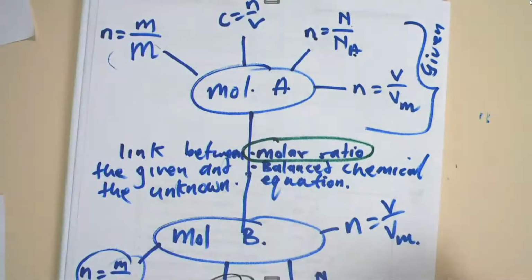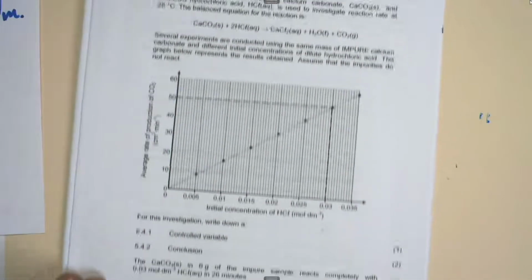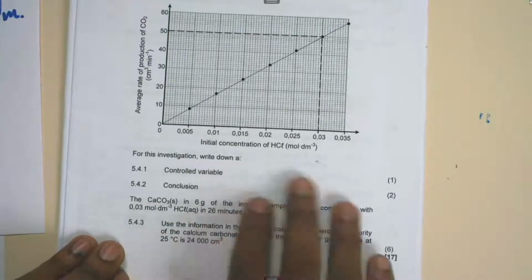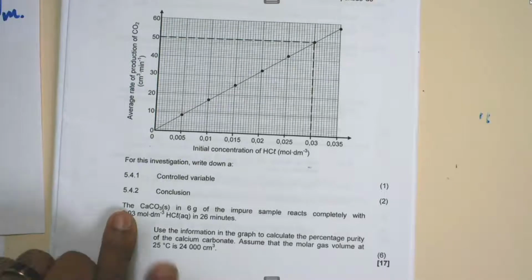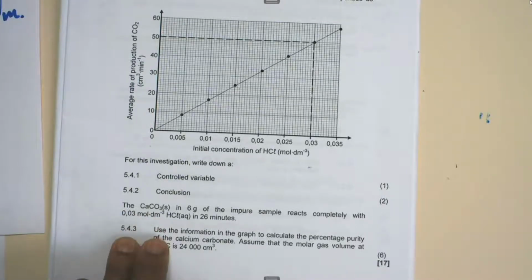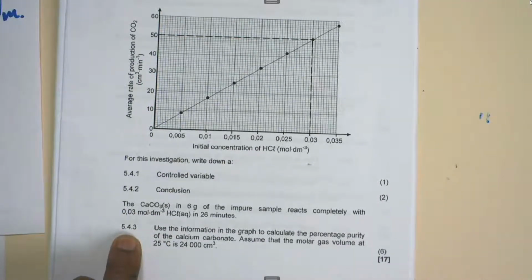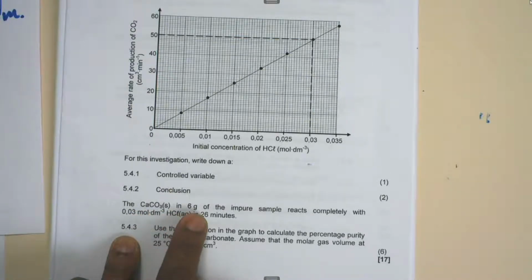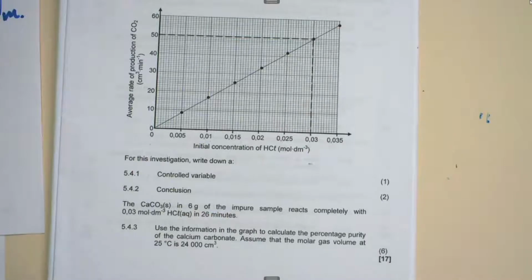Can I apply this? Yes, let me look into the information that is given here at 5.43. They say the calcium carbonate in 6 grams of impure sample reacts completely with 0.03 mol per decimeter cubed of HCl in 26 minutes.